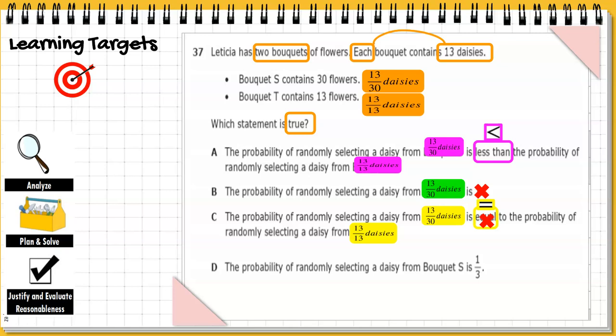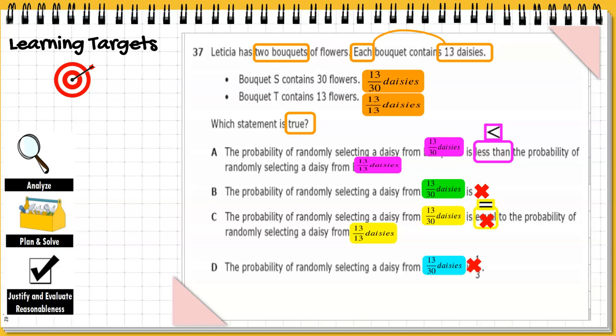Then D, the probability of randomly selecting a daisy from bouquet S is 1/3. Well, let's check out bouquet S. Bouquet S is 13 out of 30. Now, 13 out of 30 does not simplify to 1/3. To get from 30 to 3, I divide by 10. If I do 13 divided by 10, I would get 1 3/10. So this is not correct. It is not 1/3.